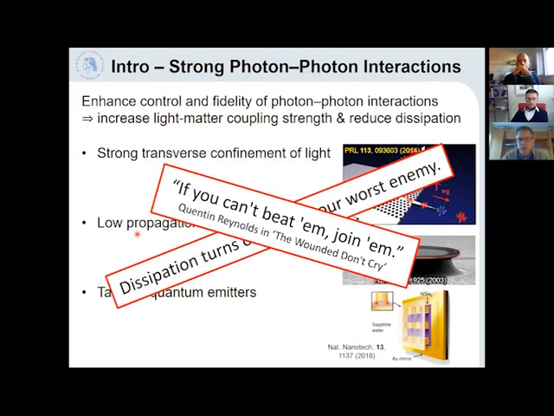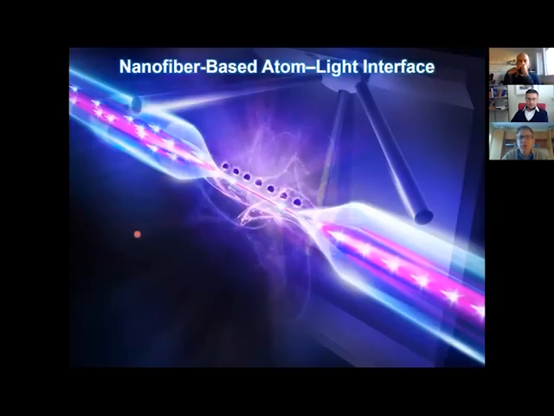And the experimental platform that we use for doing these experiments is a nanofiber-based atom light interface. So we use optical fiber, which we heat and pull such that it narrows down to a diameter, which is outer diameter, which is smaller than the wavelength of the guided light. And then we trap atoms along this nanofiber, which couple to the evanescent field, which protrudes beyond the surface of the fiber.